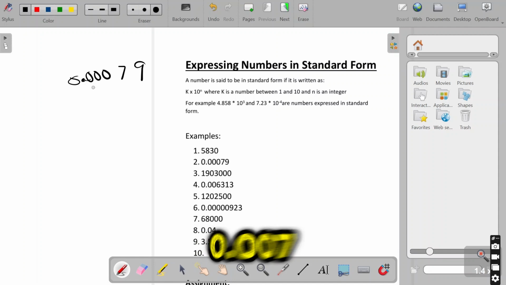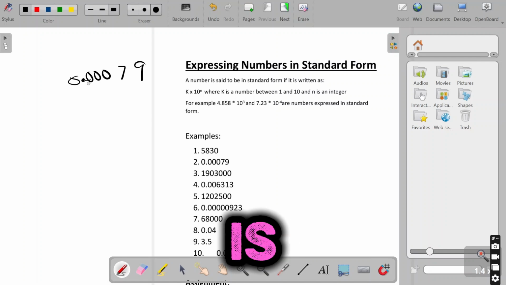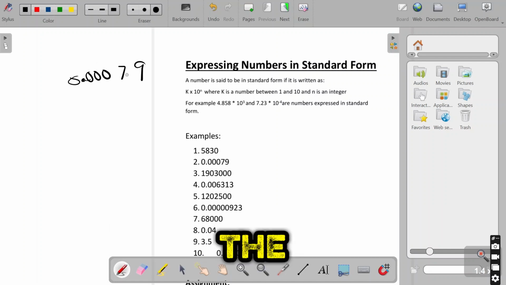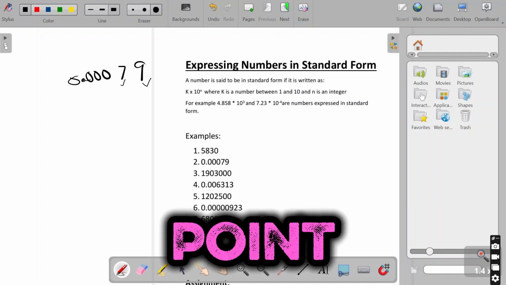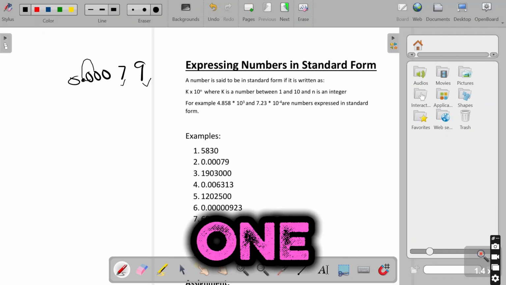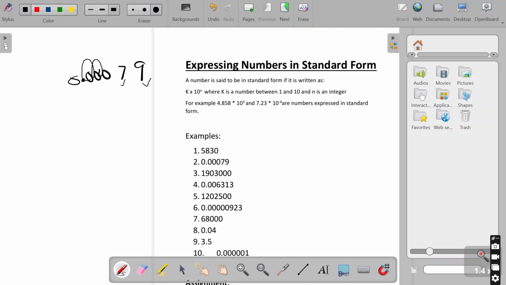The idea behind this is to move the decimal point between the first 2 non-zero digits, 7 and 9. How many times am I going to move this decimal point? We have 1, 2, 3, and 4.